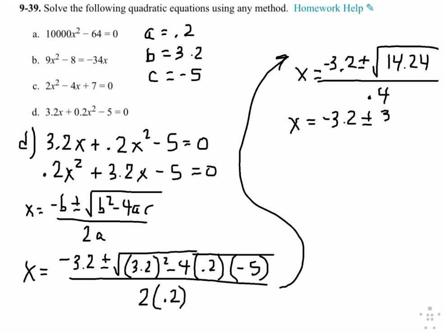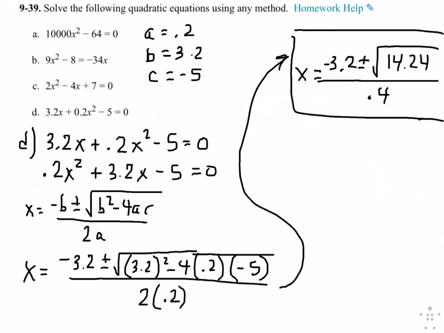I would then leave it. It's not a perfect square. I would leave the answer exactly like that. I know the text is probably going to write it as an approximate decimal value, but I would rather leave it as an exact value. So unless that radical is a perfect square, I don't want to change that to decimal form.